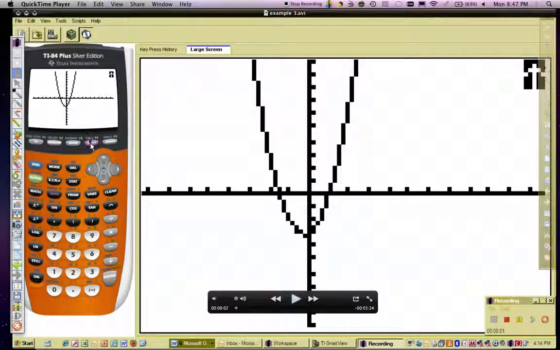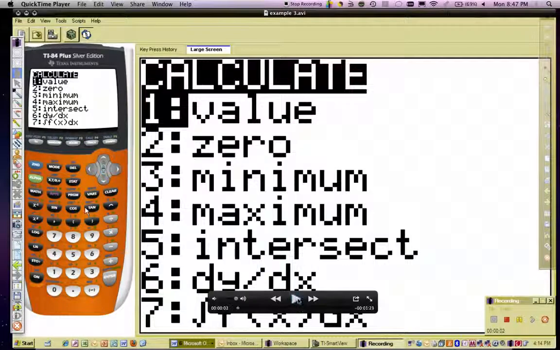This menu has a bunch of kind of cool, easy stuff that helps us calculate. Once you get to the calc menu, you have all these different options, and more if you scroll down. You have dy over dx, and the integral of f of x dx, which you may not know yet.